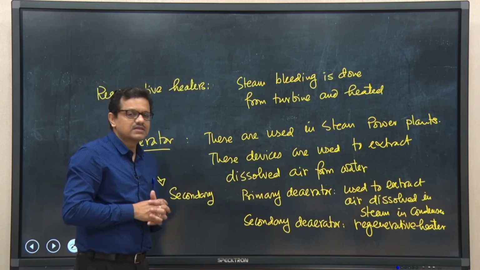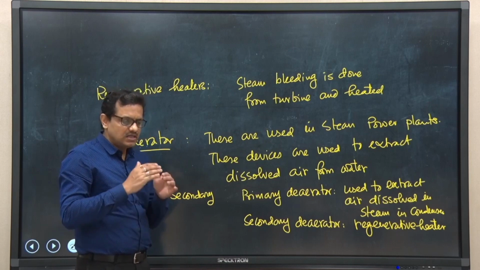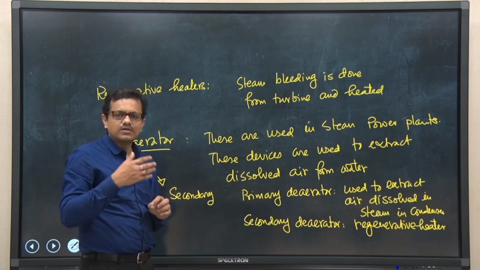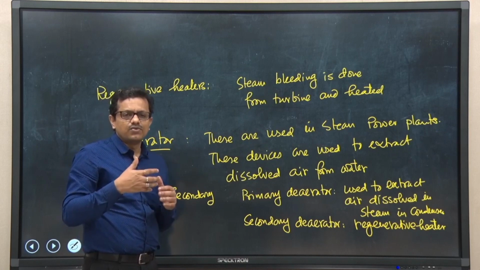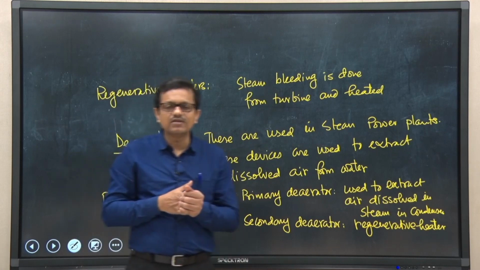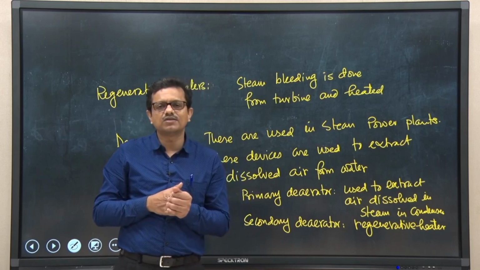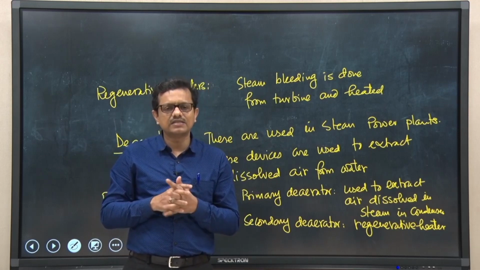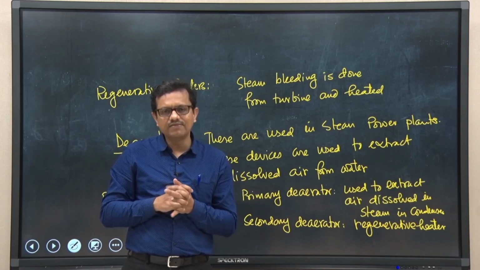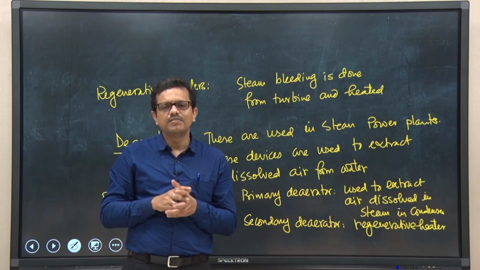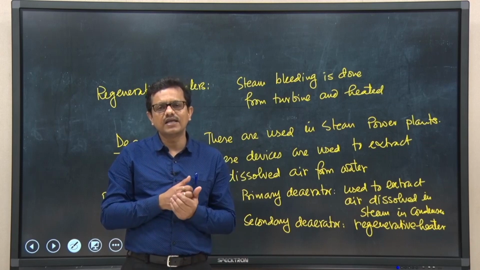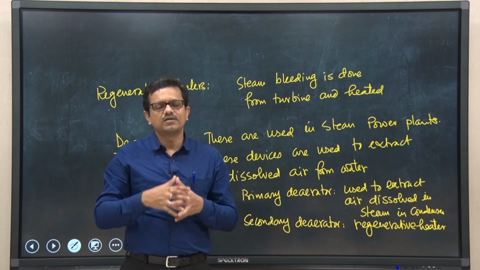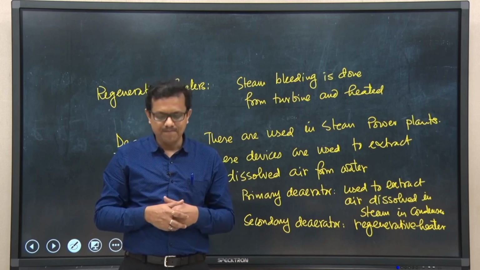Then we have discussed accessories like superheaters and reheaters. We have introduced the economizer, which is another important device in the context of boiler operation, and finally we have discussed the regenerative heaters and deaerator, because these devices are again important for the complete operation of the boiler.